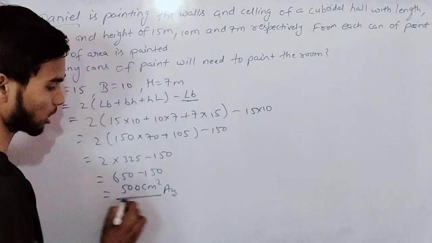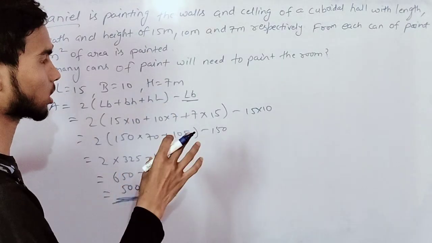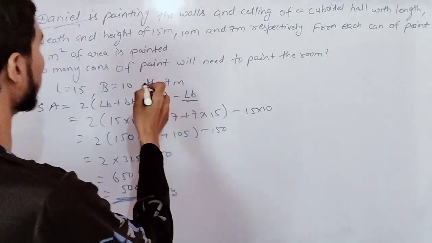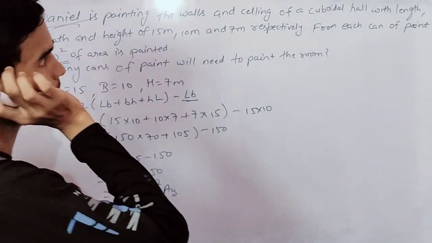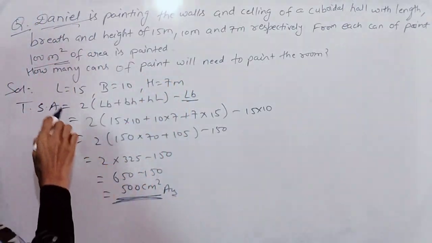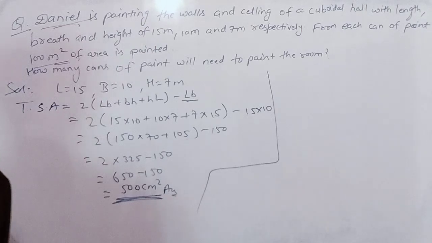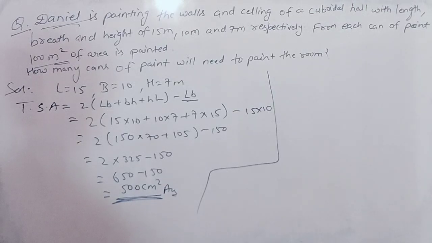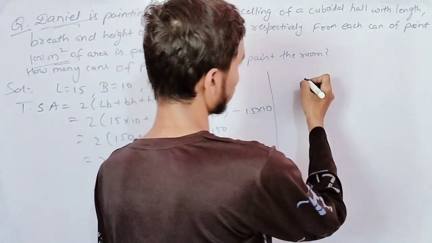So this much is the area being painted on this wall, and 100 meter square area is painted by each can of paint. If one can takes 100 meter square, how many cans will the total area need? The total area is this much, so 5.